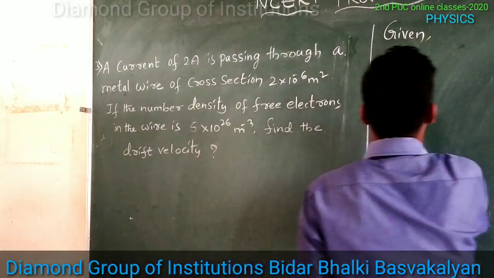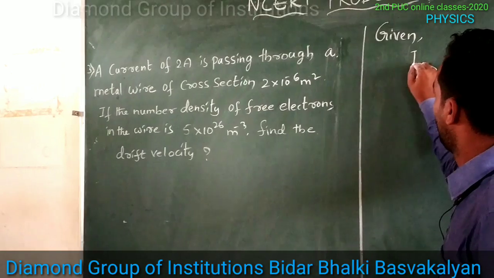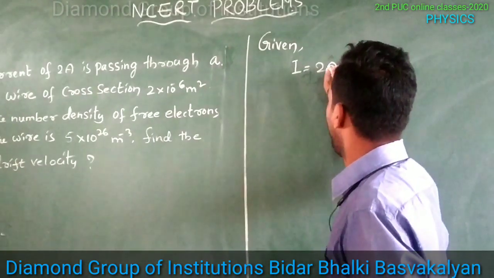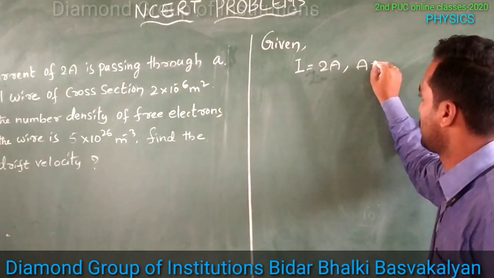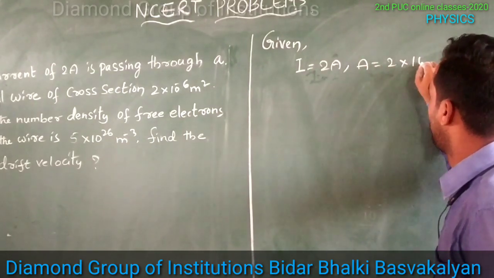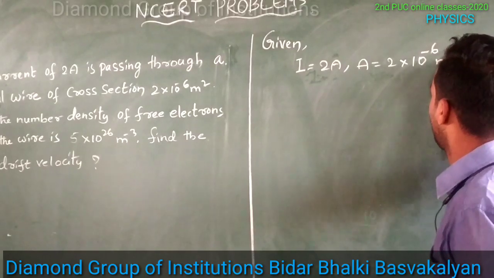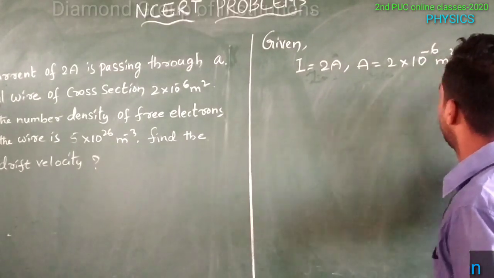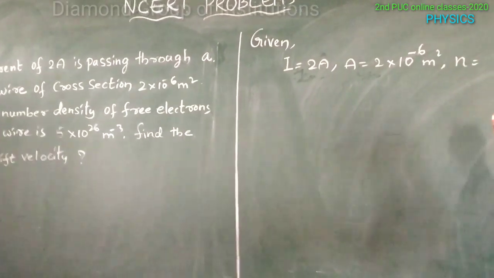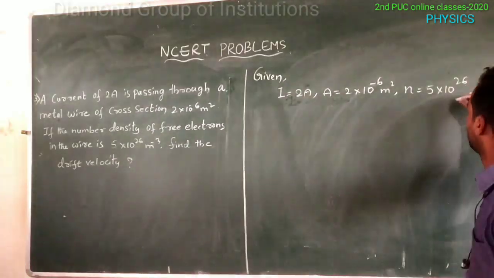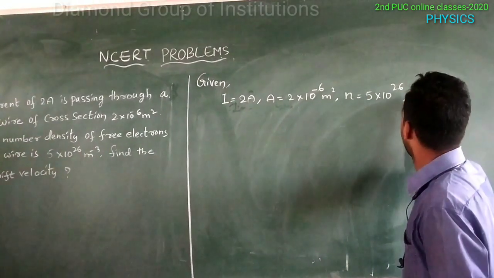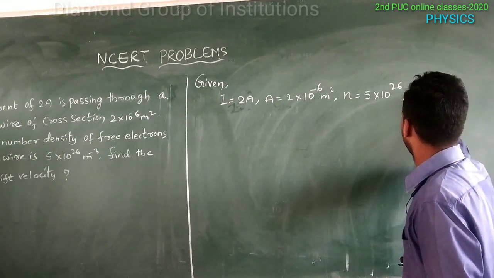So they have given I. What is the current value? 2 ampere. Next, area of cross section 2 into 10 to the power of minus 6 meter square. Number density n value mentioned here is 5 into 10 to the power of 26, and the question mark is drift velocity.